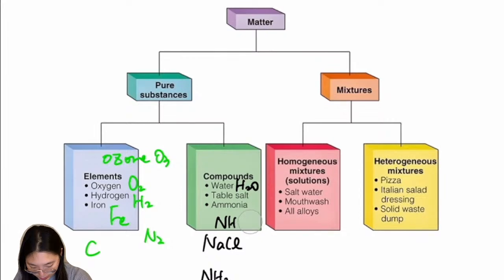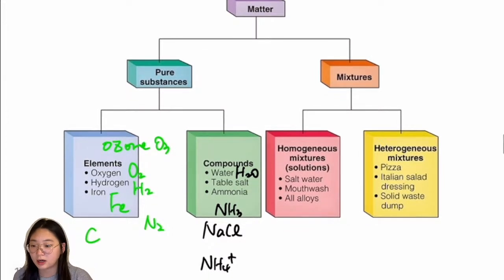Ammonia is NH3, and ammonium is NH4 plus. Both of them are considered compounds. Most pure substances are actually compounds. Obviously, there are way, way more compounds than elements.